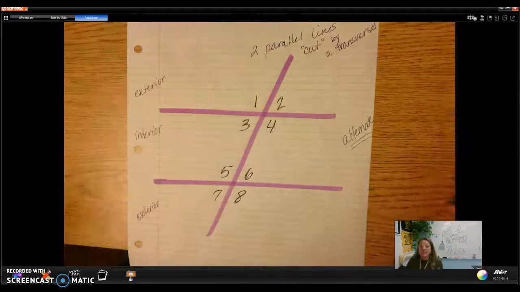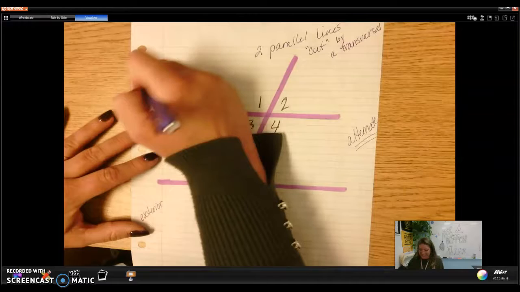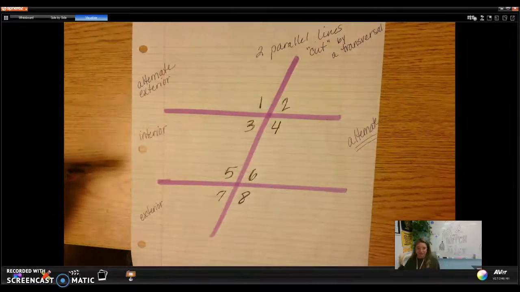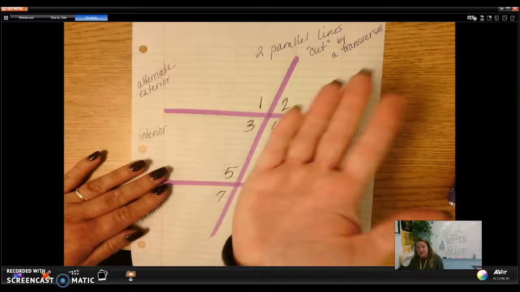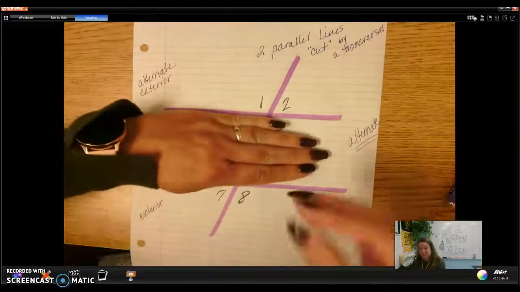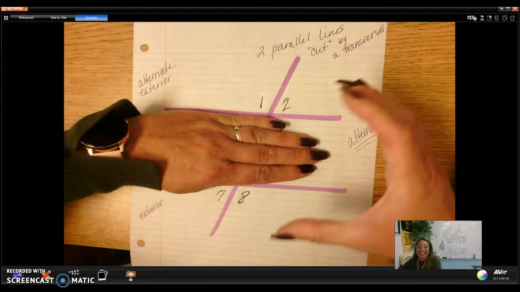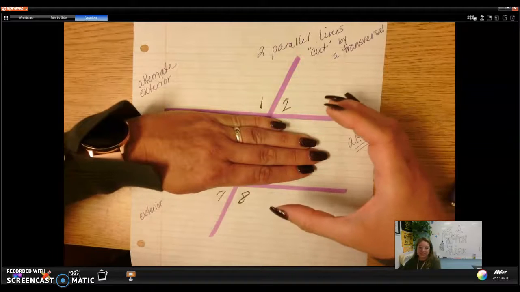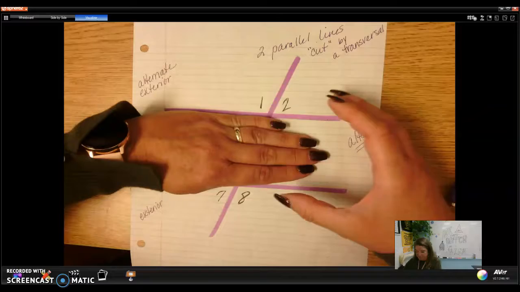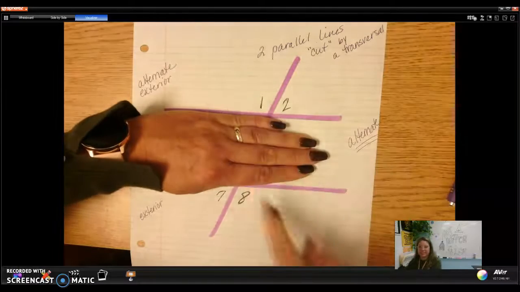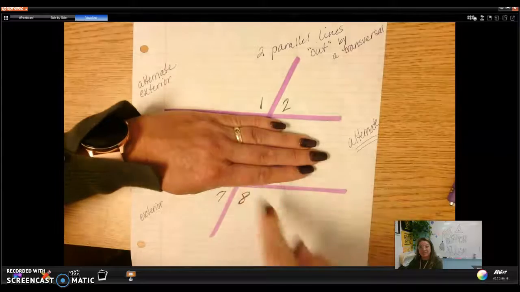So when you put those two words together, alternate exterior, okay, we're looking at opposite sides of the transversal, and we're also looking at angles that are on the outside of the picture. So an alternate exterior pair would be number 1 and number 8 because they're on opposite sides of the transversal and on the outside.